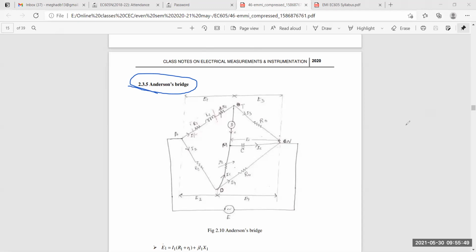So Anderson Bridge, previously we have done Maxwell inductance-capacitance, as well as Hayes. So all are related to self-inductance. Here also, Anderson Bridge gives accurate measurement of self-inductance of the circuit.